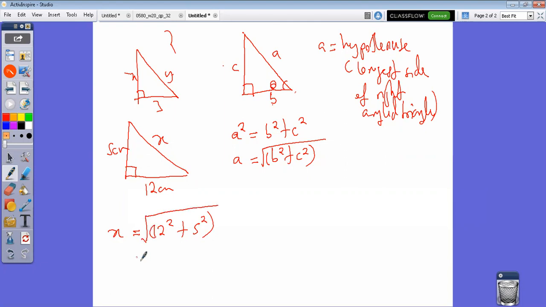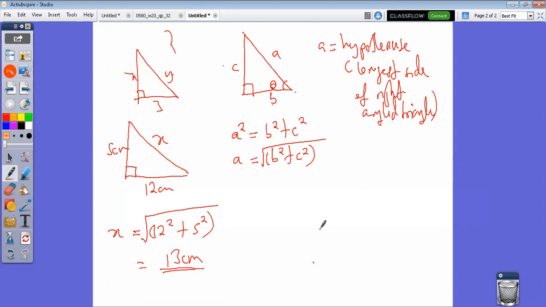If you do that, you get exactly 13 centimeters. It's the longest side. Are we together? Is that making sense? So always remember, when I'm finding the longest side, I square the other two sides, I add them and I find the square root.